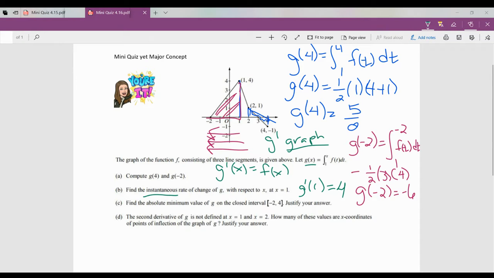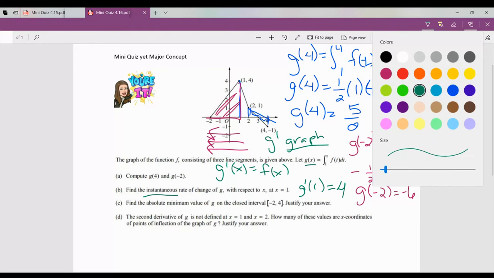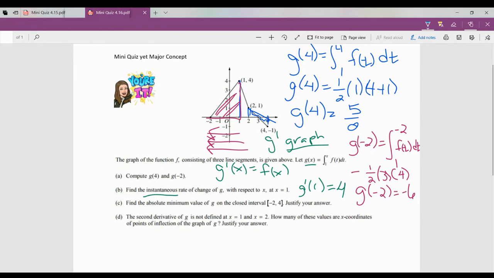All right, next one, we've got the absolute minimum. You should be checking critical points and endpoints. All right, so my endpoints are at negative 2 and 4.